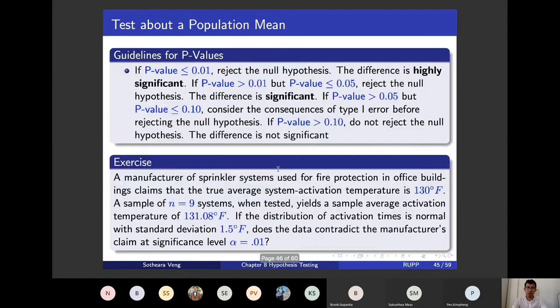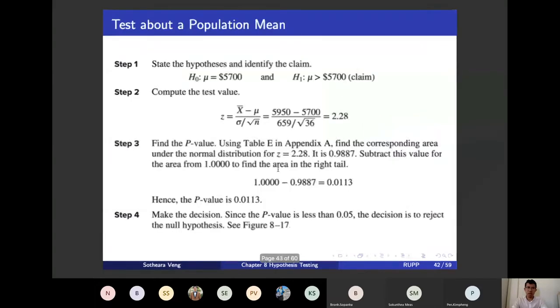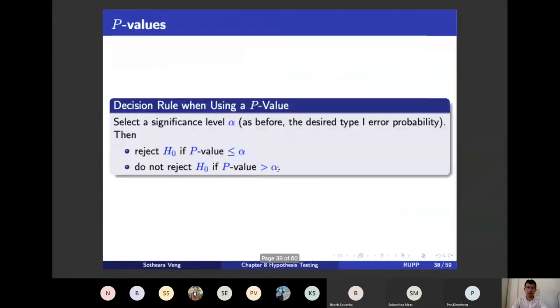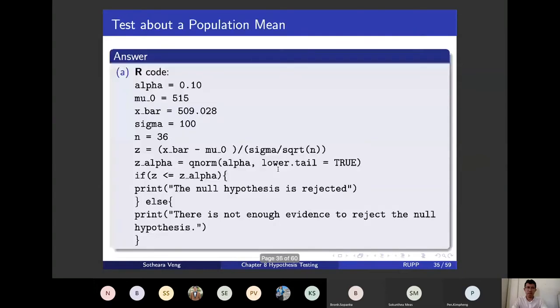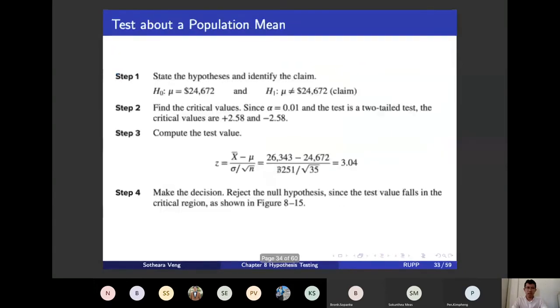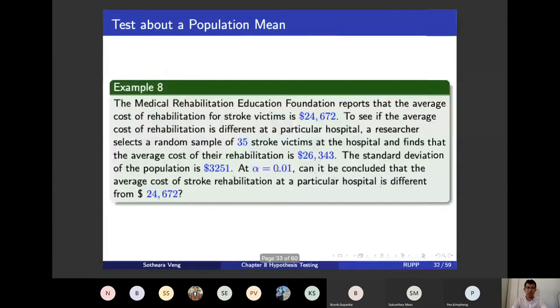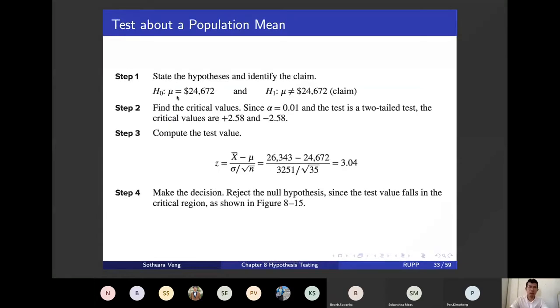For example, you may say the mean is different from 24,672 US dollars. What does that mean?